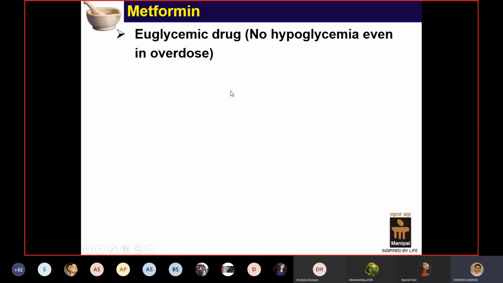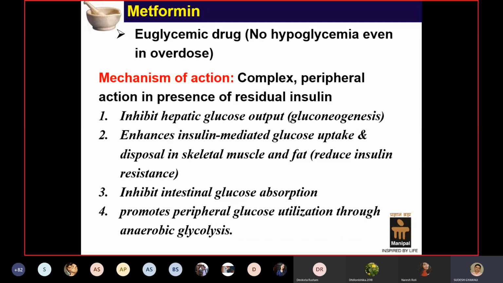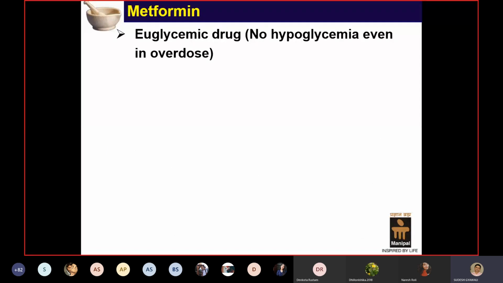So it is a euglycemic drug, and that is why metformin never causes hypoglycemia. So it is an anti-diabetic drug. It decreases the blood glucose level and makes it normal, but it cannot decrease it less than normal. Okay, the very peculiar thing about metformin is its mechanism. How does it do? Mechanism of action of metformin.